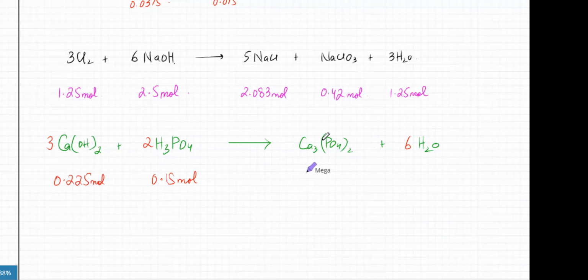So that's going to be 0.075. And then it's going to be 0.15 divided by 2 into 6, which would be 0.45. Okay, so it's 0.45 for water.